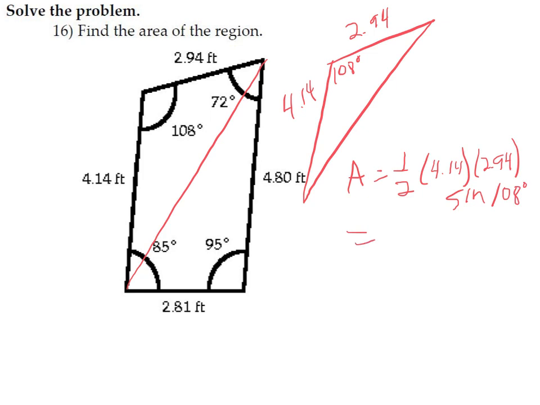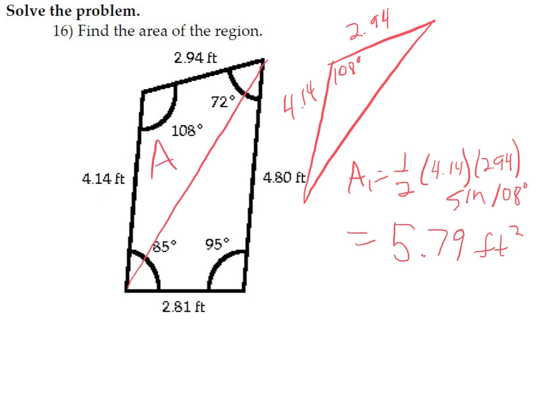This gives us 5.79 square feet, rounded to two decimal places. Why the square feet is because we have feet times feet, and that'll be square feet. So this is A1.